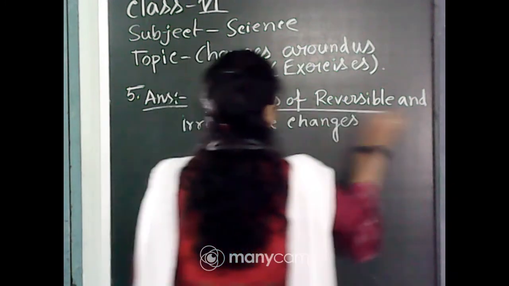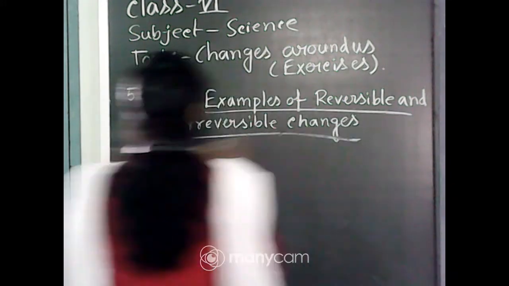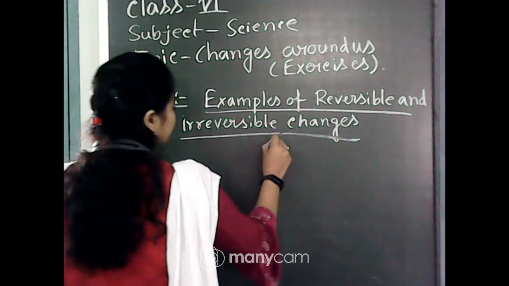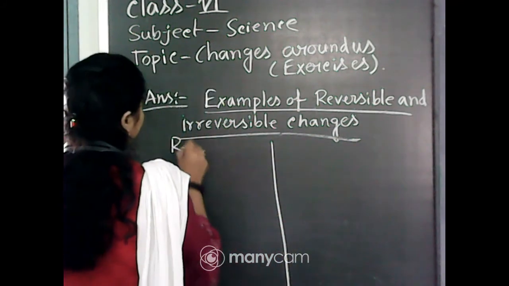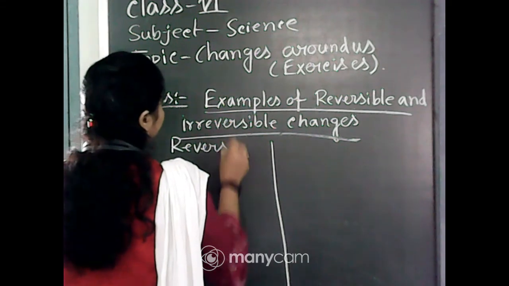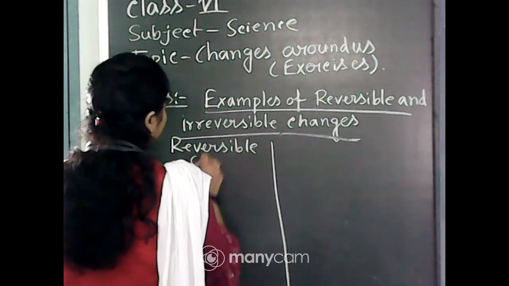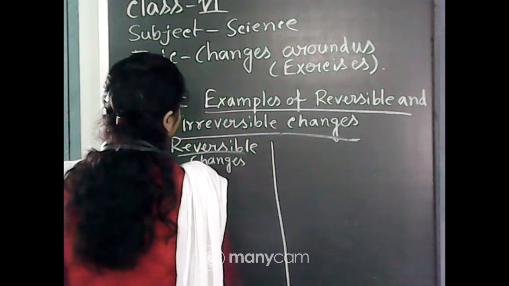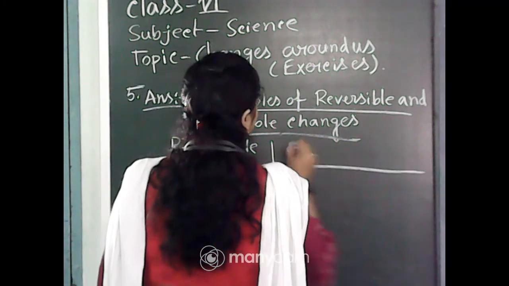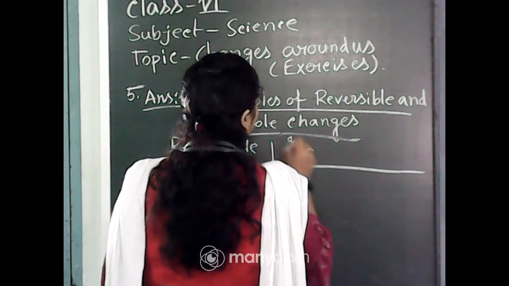Okay, so let's start. Here a table for reversible changes on one side and, in another way, irreversible.